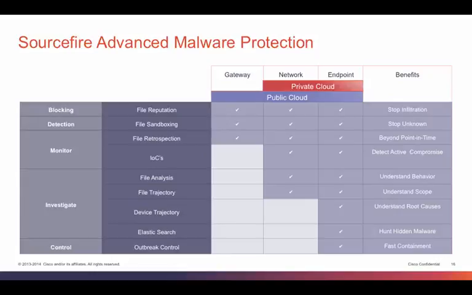If they're starting to talk about the ability to monitor files across their network and be able to do file analysis and file trajectory between machines, that's definitely going to be more of a network conversation. But if a customer starts talking about being able to control outbreaks, hunt for hidden malware, or understand the root cause of an infection, that's definitely going to be an endpoint conversation.